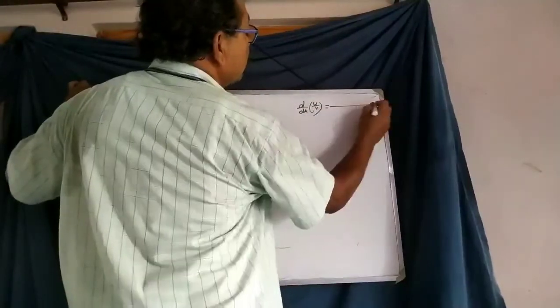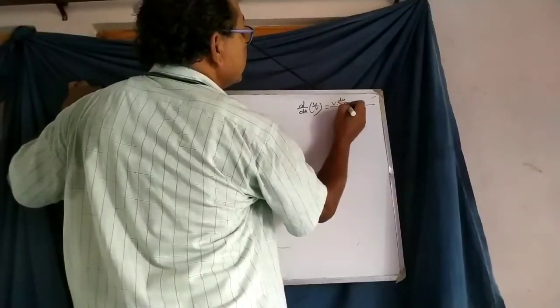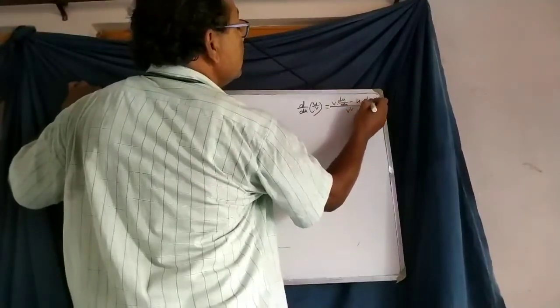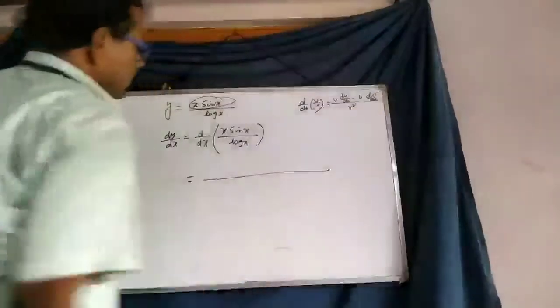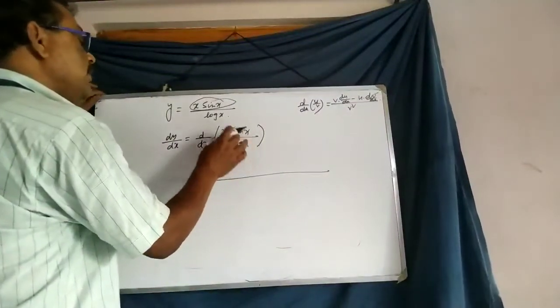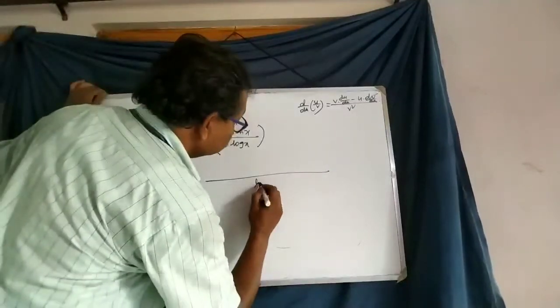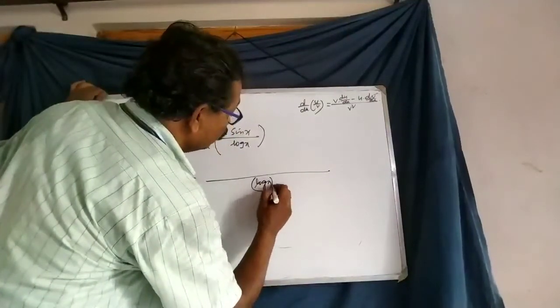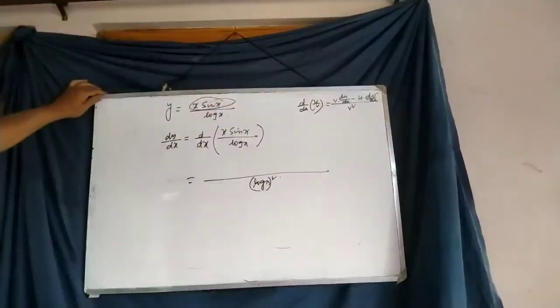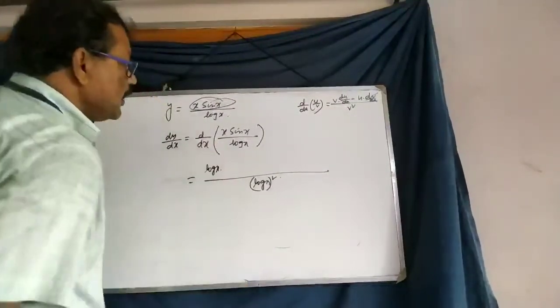What is the formula? v square, v into du/dx minus u into dv/dx. So here log x plays the role of v, and x sin x plays the role of u. Log x whole square means v square. Log x unchanged means v unchanged.